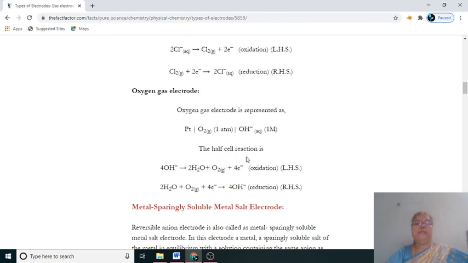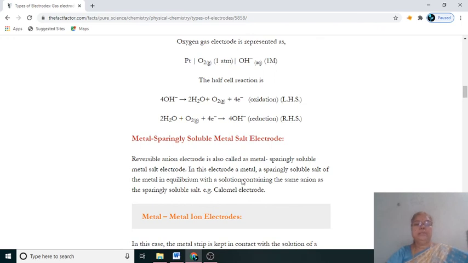And the half cell reaction is represented as 4 OH minus gives 2 H2O plus O2 plus 4 electrons, and this is the oxidation reaction. And here 2 H2O plus O2 plus 4 electrons gives 4 OH minus. This is the reduction reaction, and again we can write the EMF equation for the oxygen gas electrode.